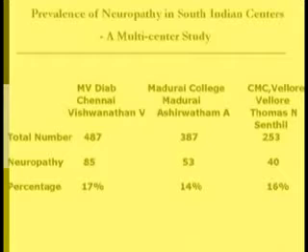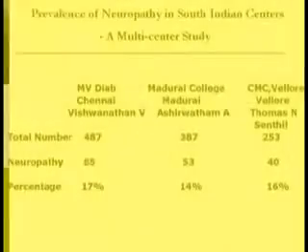In all these centers, ranging from the private sector down to government medical colleges, a central government college, and our own center, the prevalence of neuropathy in the outpatient clinics varies from 14 to 17%.